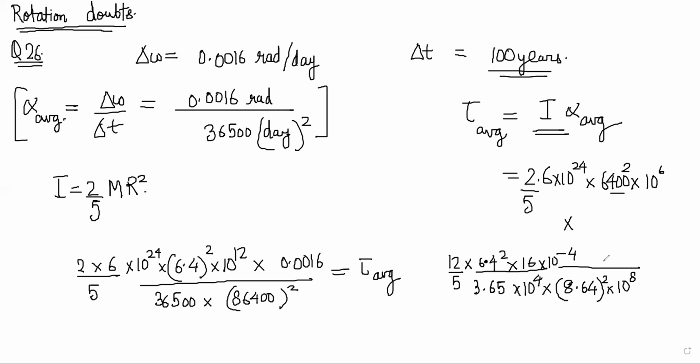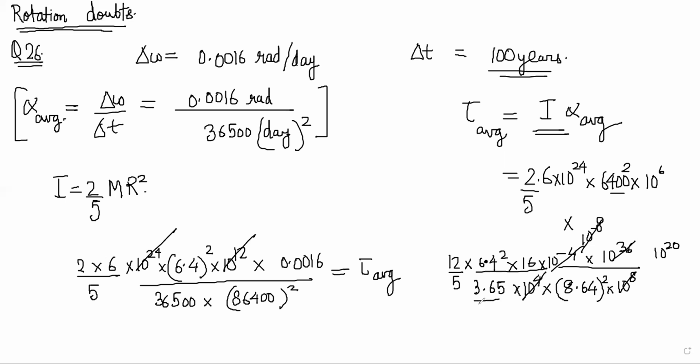And on top, there is also 10 power 36. This has been done, everything is fine. So this is the calculation. This becomes 10 power minus 8, and this becomes 10 power minus 16. So you are getting 10 power 20 here, and then the calculation is just between these things.